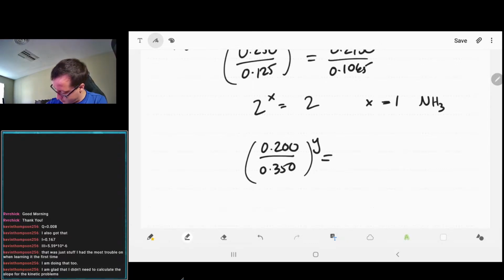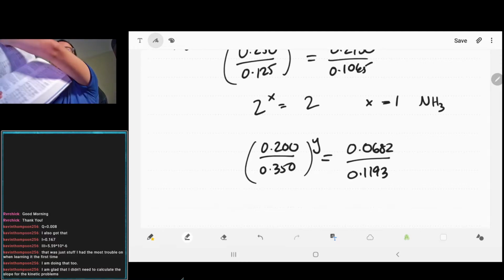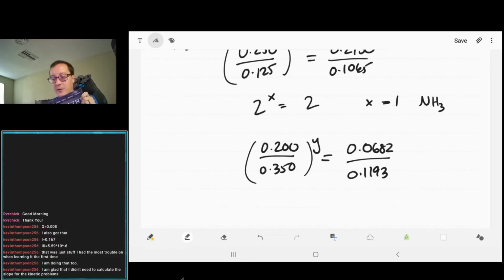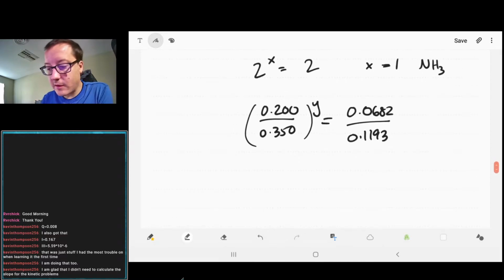Here we have 0.0682, 0.1193. So again, sorry, I don't want to copy all this problem up, but it's just this big old chart of numbers in one of the questions of our book. Oh gosh, this is going to be hairy, but let's see. 0.2.